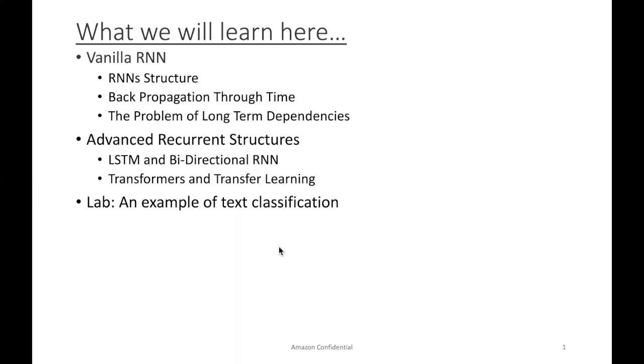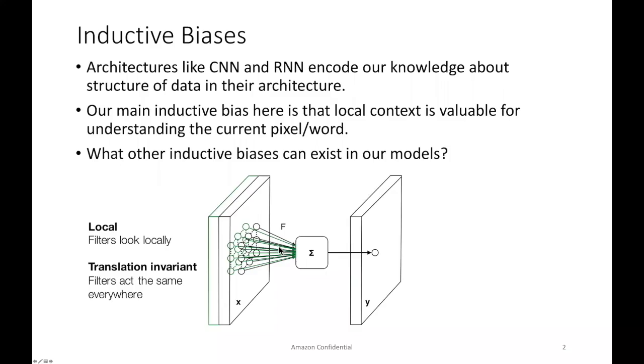In the first session on multi-layer perceptrons, we actually talked about something called priors or inductive biases. What I mean by inductive biases is what kind of structure our model is encoding in the network itself, which takes some advantage of the data.